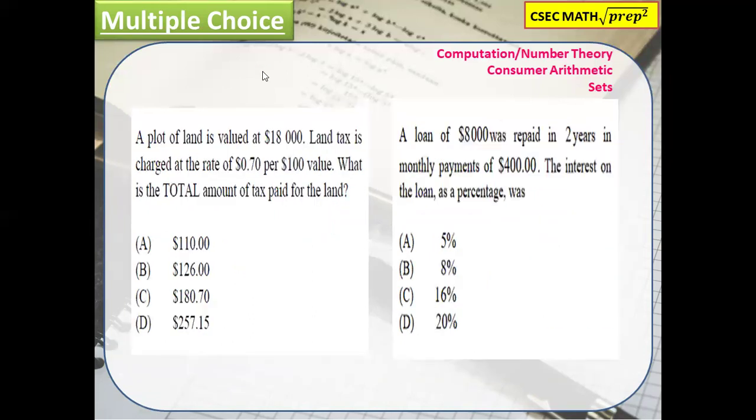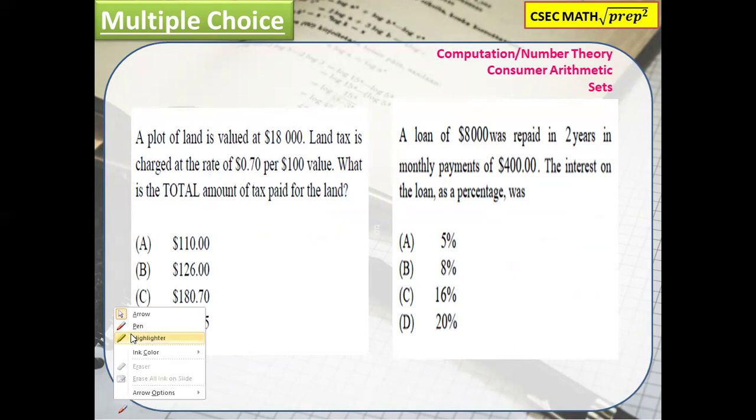All right, so moving on to another consumer arithmetic. A plot of land is valued $18,000. Land tax is charged at a rate of 0.7 dollars per 100 value. What is the total amount of tax to be paid on the land?